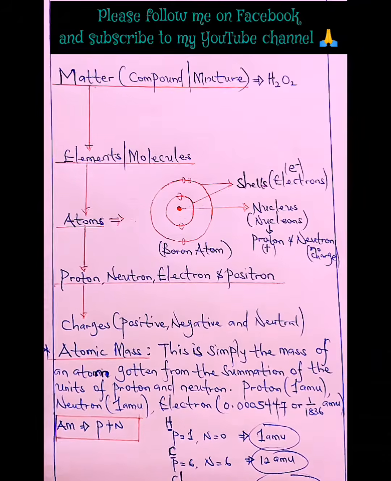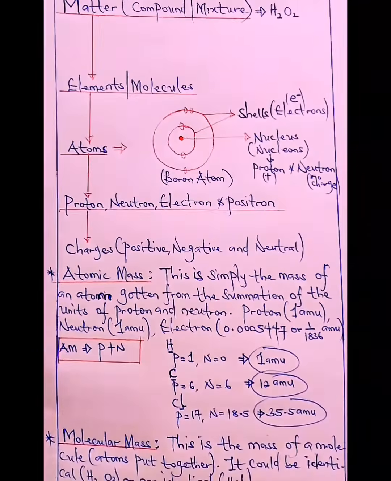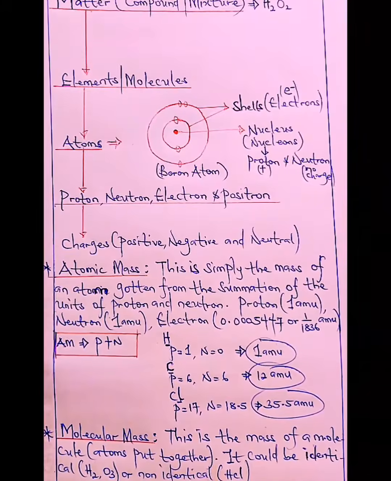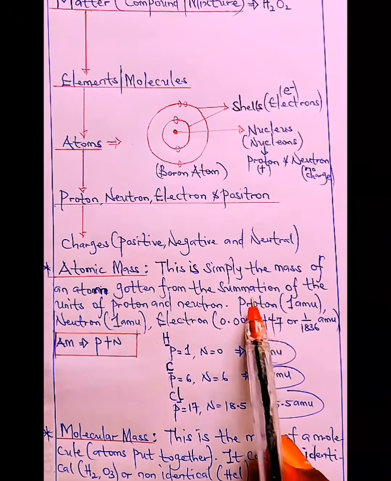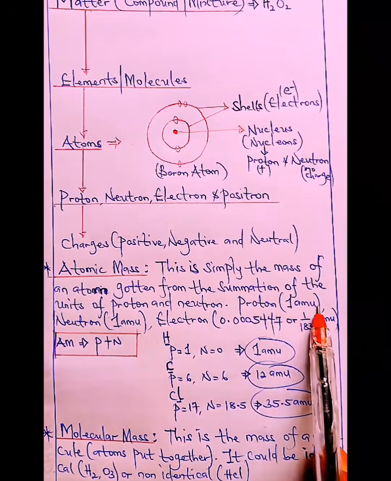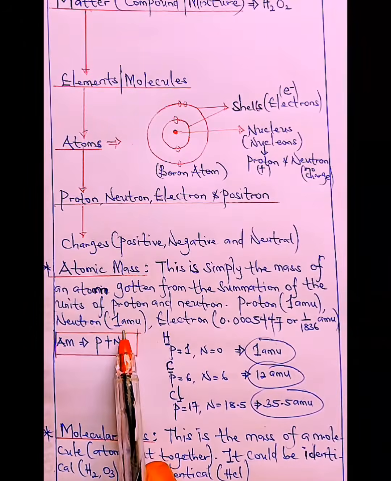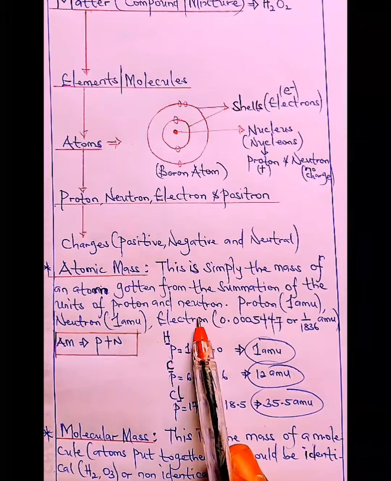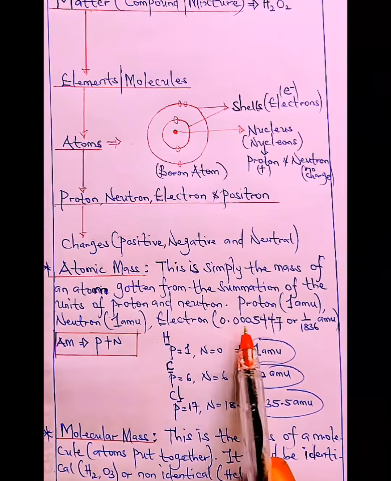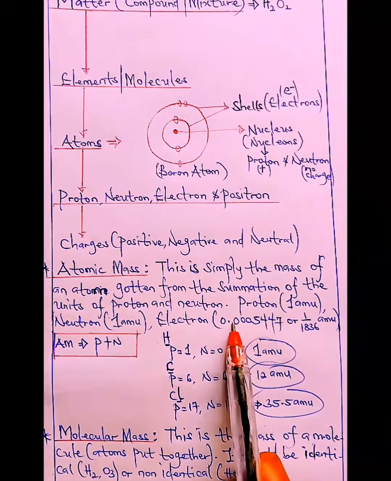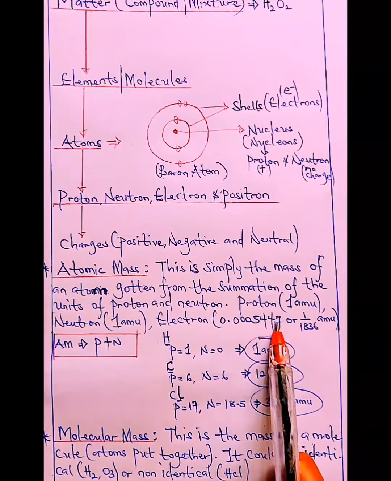So don't forget, now let's see the reason why we mainly use the proton and the neutron to get the mass of an atom. Every proton has one atomic mass unit, just one atomic mass unit. Neutron also has approximately one atomic mass unit, but electron has approximately 0.0005447 atomic mass unit, which is too small.